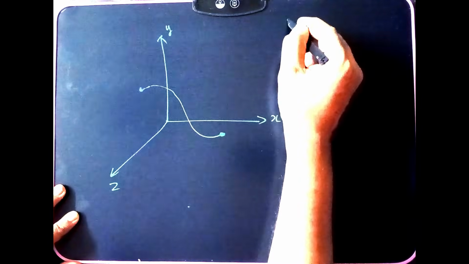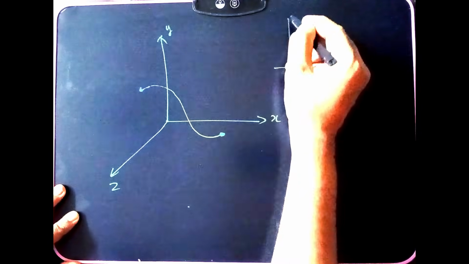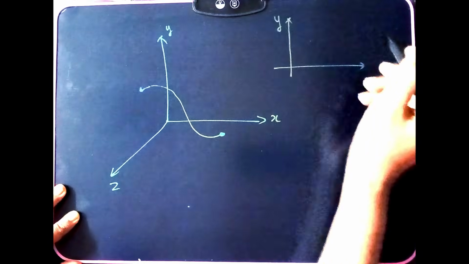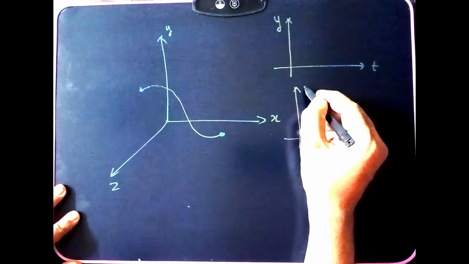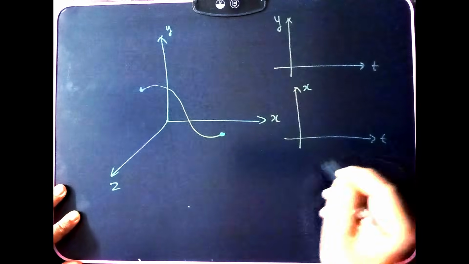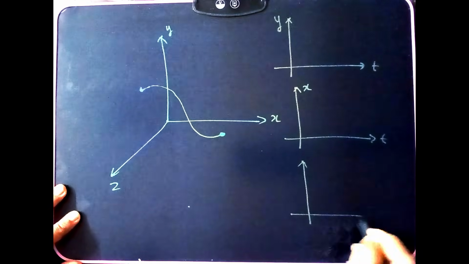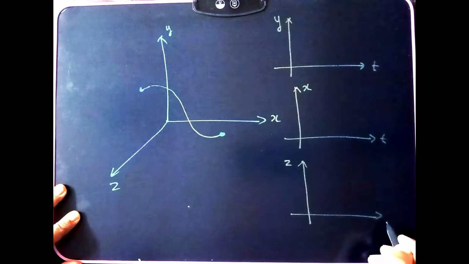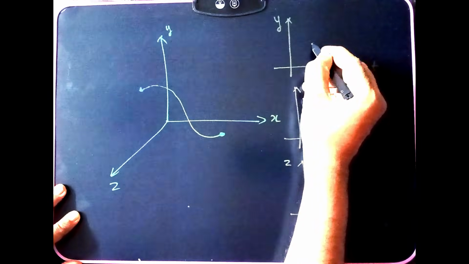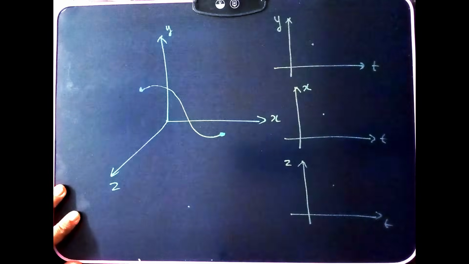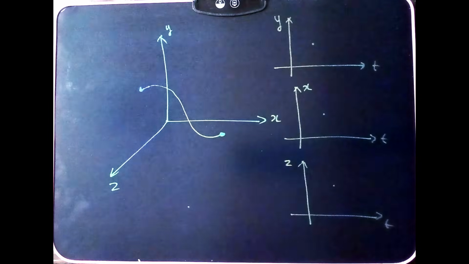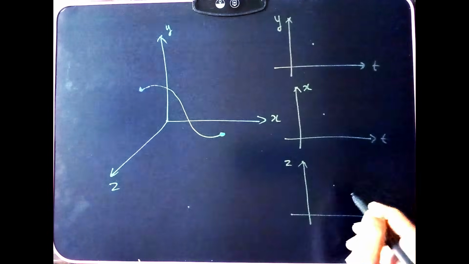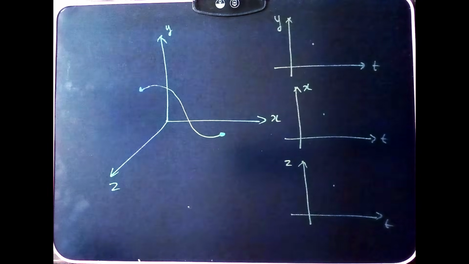We have to take individually the motion of the particle in the y-axis with respect to time, then the motion in the x-axis with respect to time, then the motion in the z-axis with respect to time. We have to plot all three graphs with respect to time. This is the y coordinate, this is the x coordinate, this is the z coordinate.